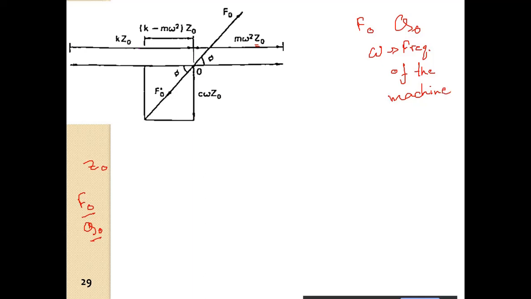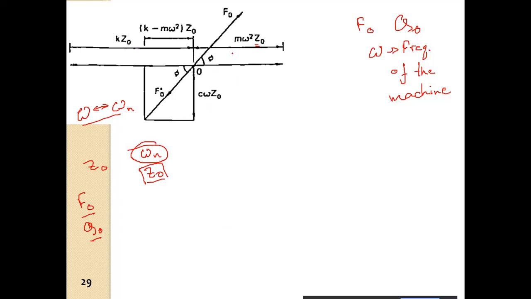So the thing is that we have to find out omega n and Z0 of the system, so that we can control Z0. That is our main idea. The amplitude has to be within permissible limits, and we have to control omega n such that there is no resonance.